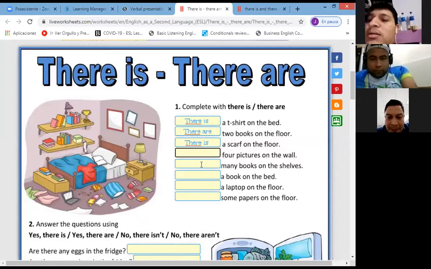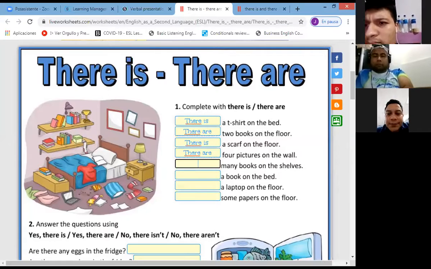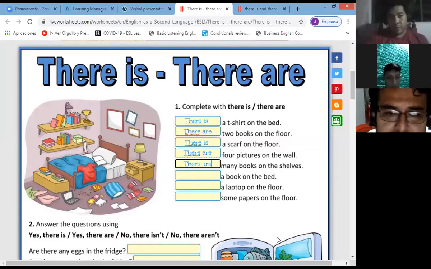This one, there is or there are? There are, teacher. There are 4 pictures on the wall. There are many books on the shelves. Max, there is or there are?